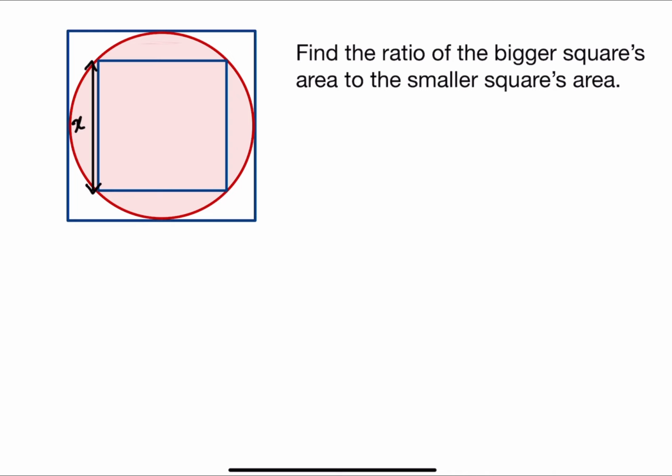Now, since this is a circle, we know a couple of things. If I draw a chord that passes through the diameter, touching any two points on the circumference, all such lines will be equal. So if I draw a line from here to here, and it passes through the diameter, then any other line which passes through the diameter and touches two points on the circumference will be the same length.